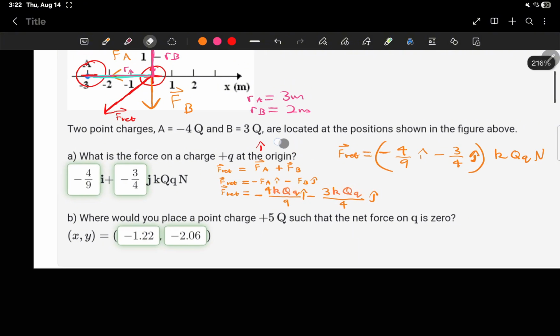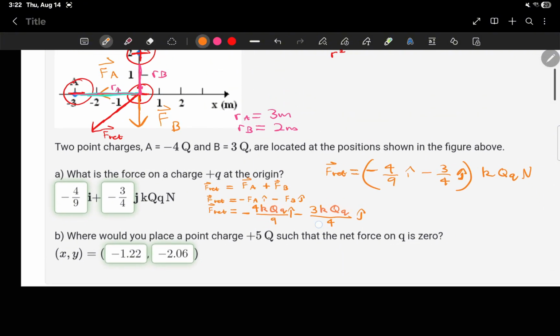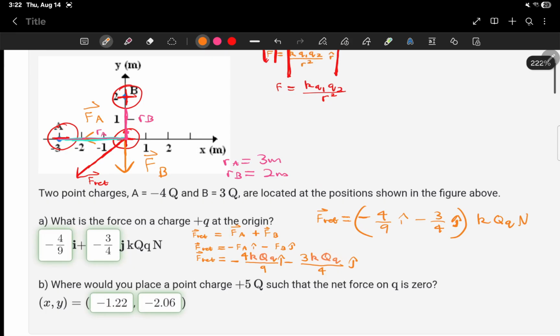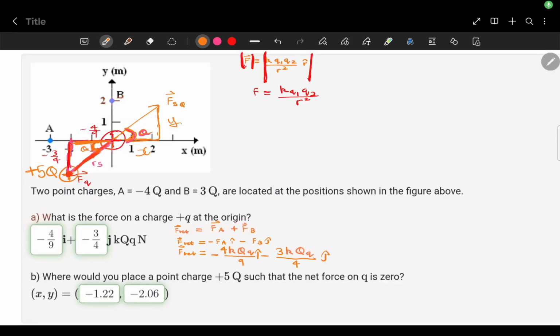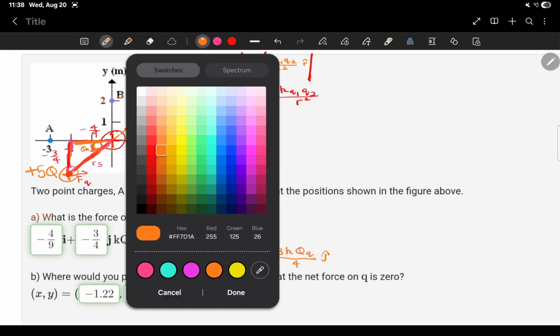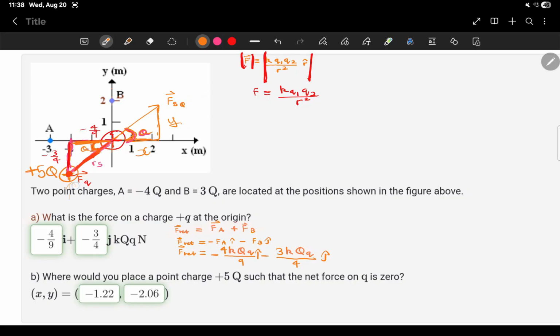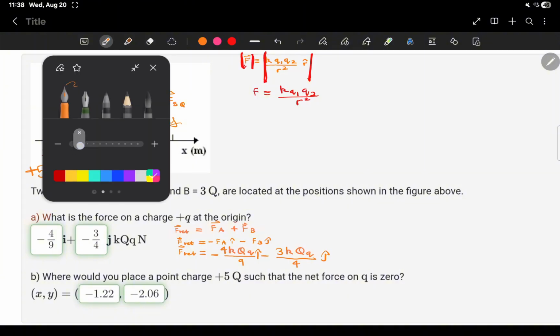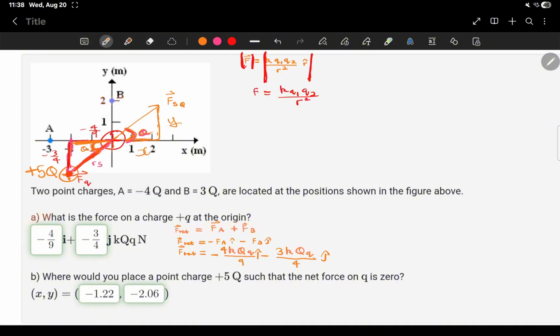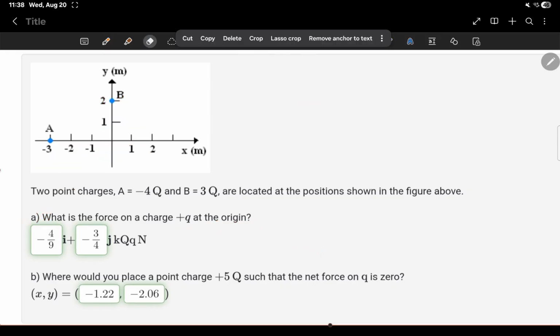So now that we're good with those things, let's move on to part B. Now that we've finished part A, we need to continue with part B. We put the positive 5Q charge over here in the third quadrant, and that's because two positive charges repel each other.